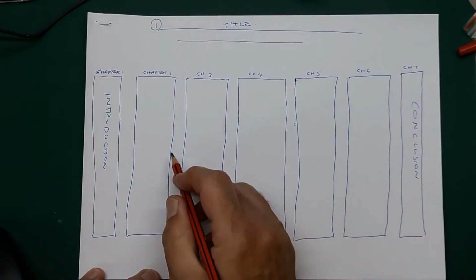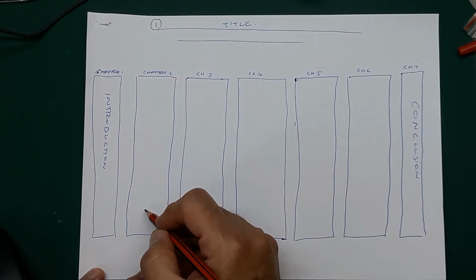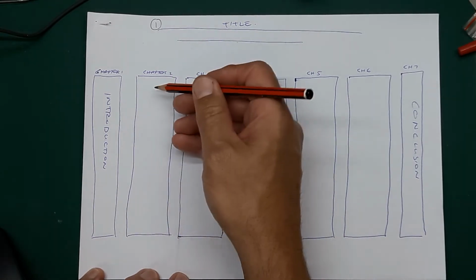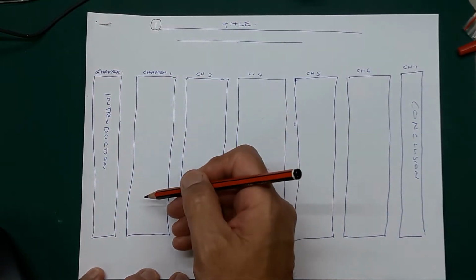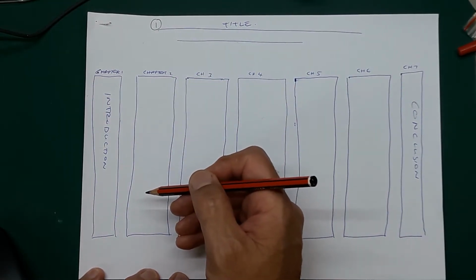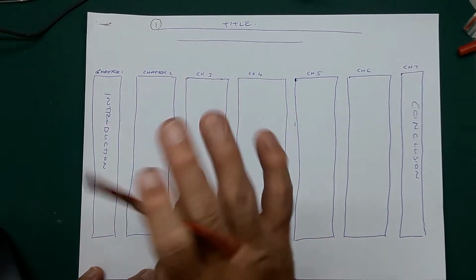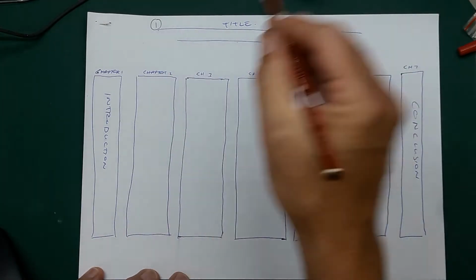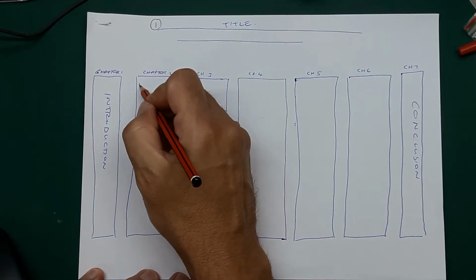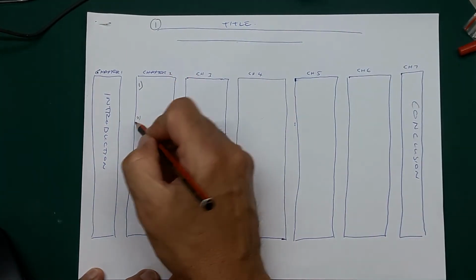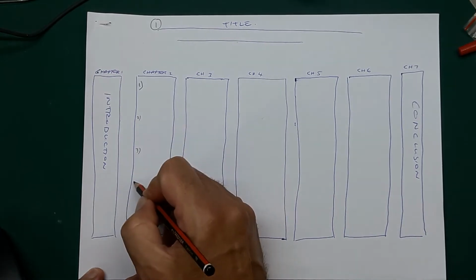Now, first of all, let's take chapter 2 as an example. I want you to look at the issues that you will be discussing in chapter 2, but there will be one proviso. You only have an option of writing 4 options. In other words, I want you to write 4 headings. 1, 2, 3, 4.